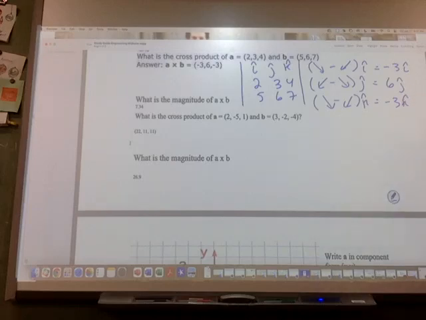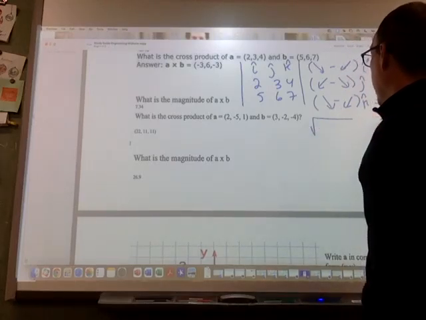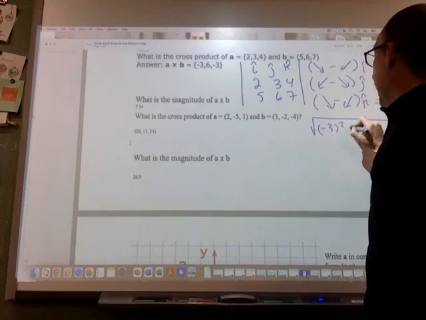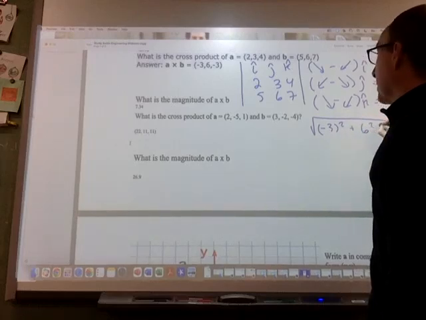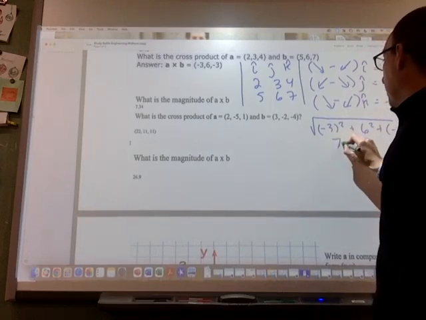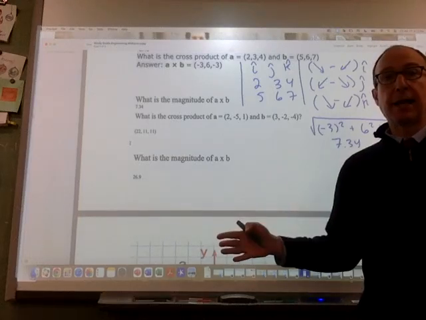If I want to get the magnitude of this cross product, it's going to be the square root of the squares of the terms. So I have negative 3 squared plus 6 squared plus negative 3 squared, and this ends up being 7.34. That's just giving us the length.